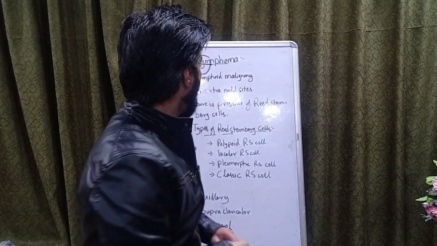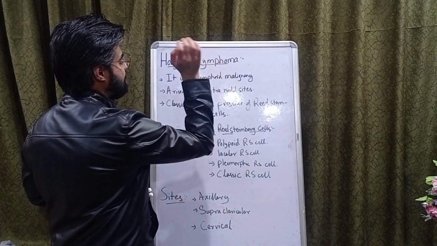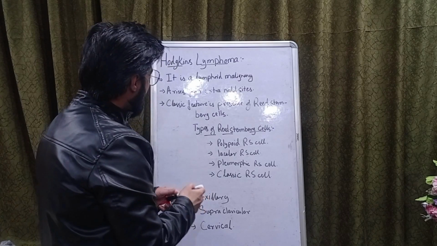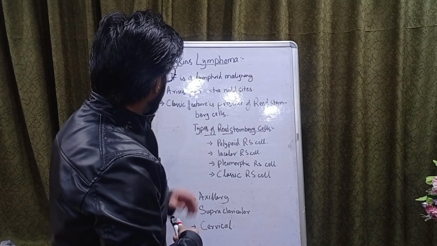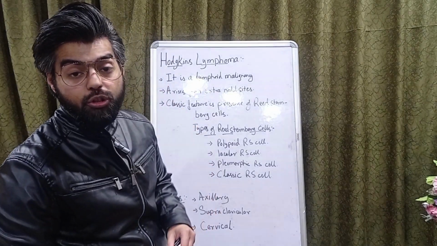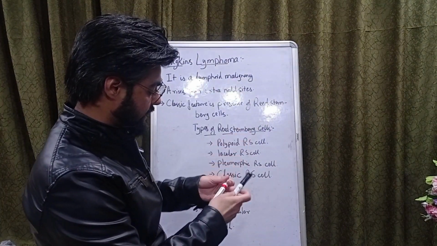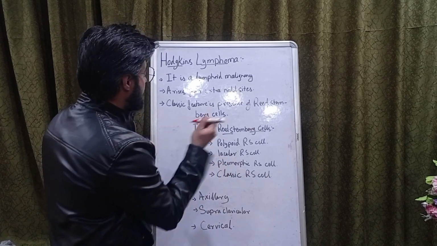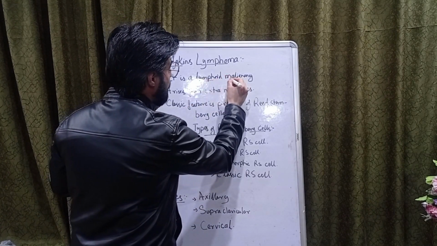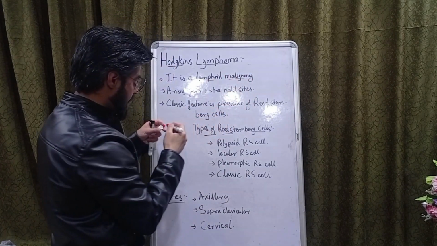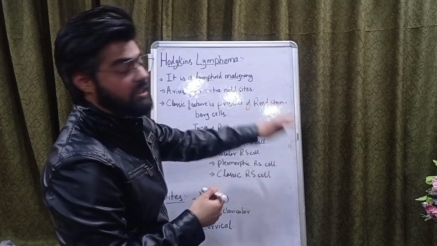Today we are going to discuss the topic of Hodgkin's lymphoma. First of all, let's see what Hodgkin's lymphoma is. Hodgkin's lymphoma is a lymphoid malignancy, and it arises from the extranodal sites.